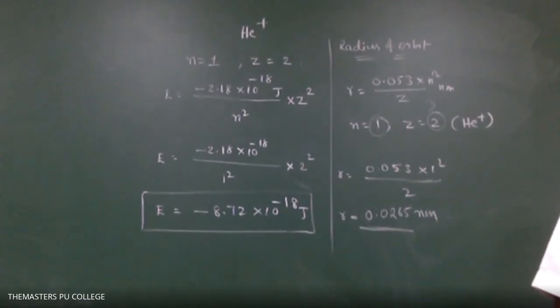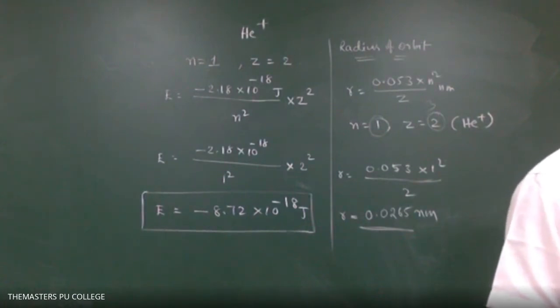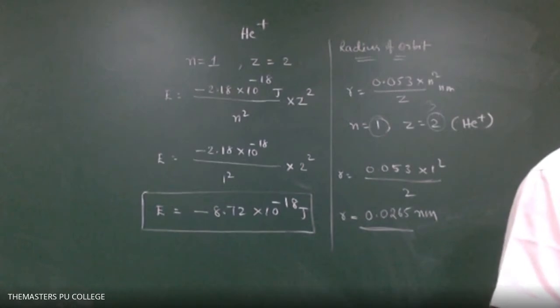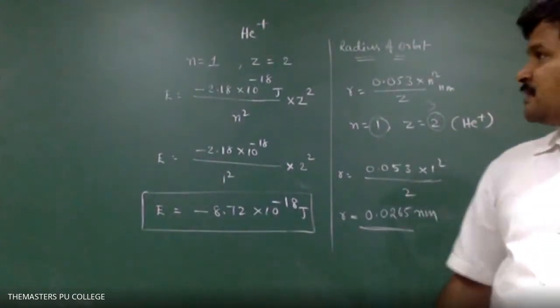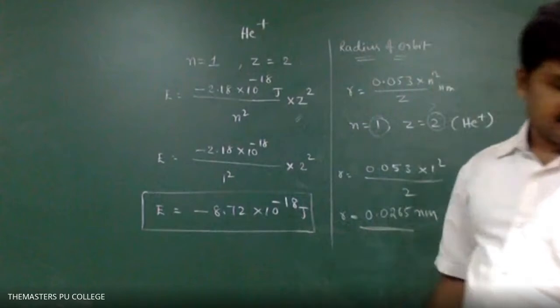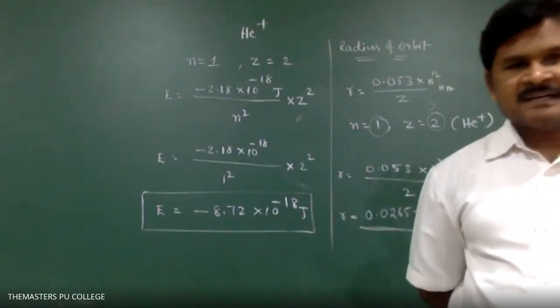Next, one more question. See, these all are problems. If you remember the formulas, you can solve them easily. This is also easy, I hope. Apply this formula. The energy, he is only telling the value.